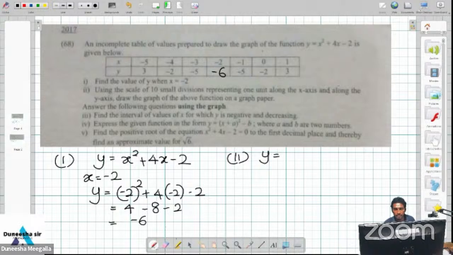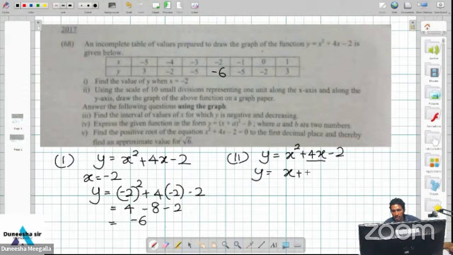Function is y equal x square plus 4x minus 2. Okay, can you factorize it? If we factorize, we can get the half of this.